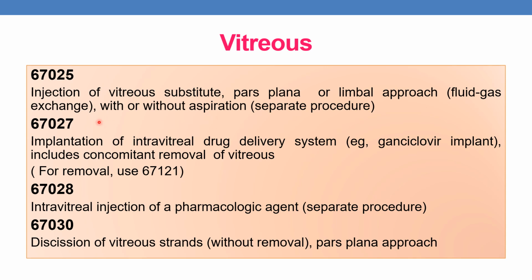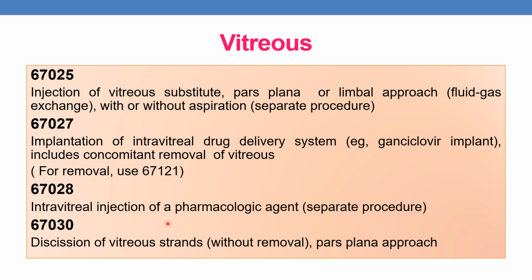The next is 67027. Implantation of intravitreal drug delivery system. For example, Ganciclovir implant. It includes the concomitant removal of vitreous. And for removal, use 67121. The next CPT is 67028.